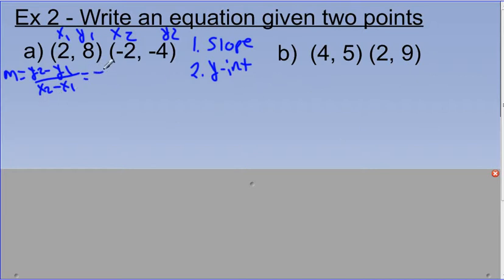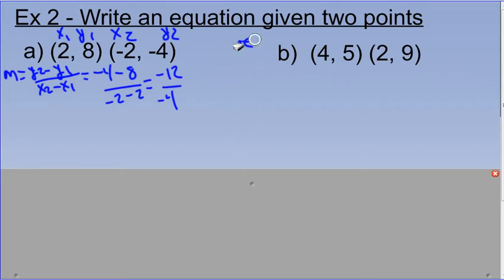So that's a negative 4 minus 8 over negative 2 minus 2. Negative 4 minus 8 is a negative 12. Negative 2 minus 2 is a negative 4. And that simplifies to a positive 3. So I now found my slope equals 3. There's all my work. Slope is 3.